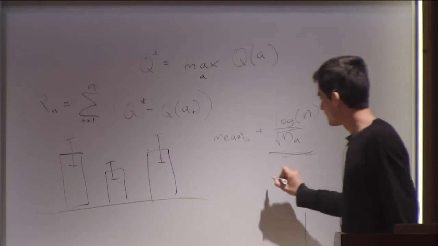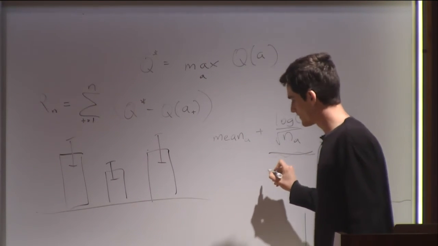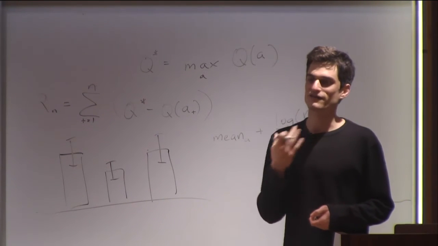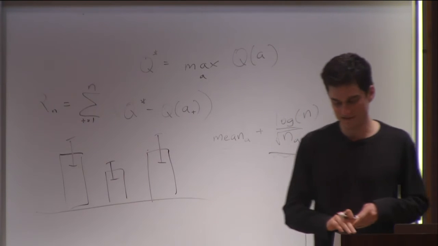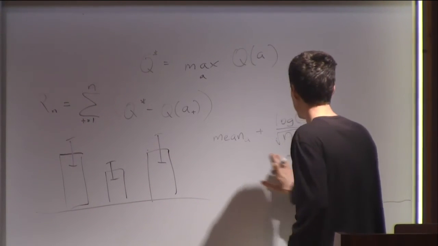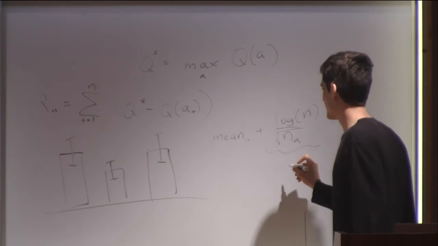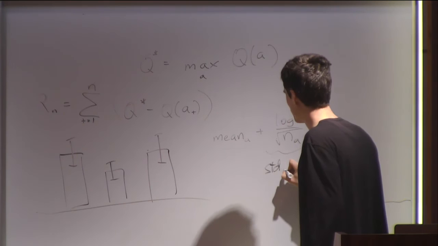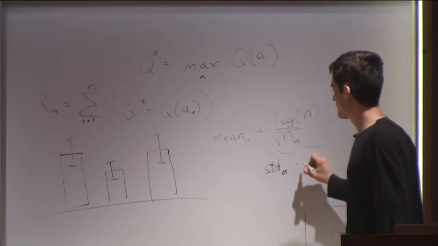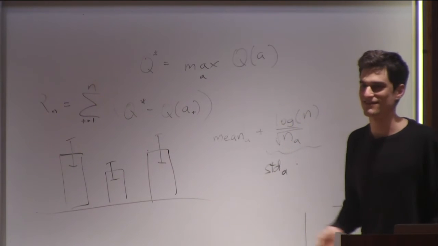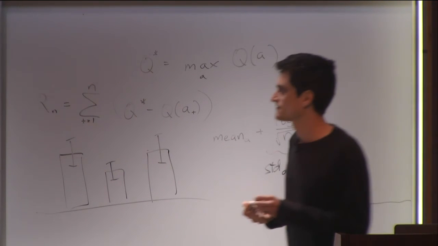And so the uncertainty, or standard deviation, goes as 1 over square root of the number of experiments or samples. So you can think of this factor here as the standard deviation of action A times some very slowly growing factor, which turns out to be necessary to get the optimal bounds.